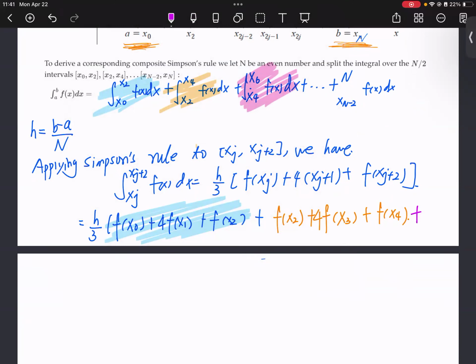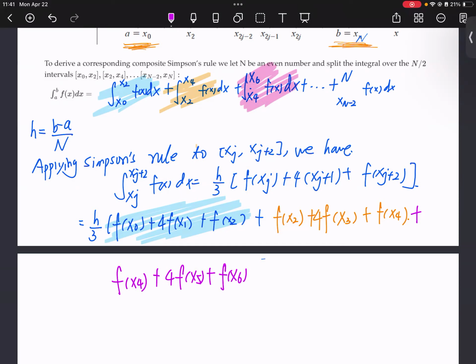It equals, for the integration between x4 and x6, we have once again the coefficients. The left endpoint x4 has coefficient 1. The middle point is the x5 of that interval, with coefficient 4. And then the right endpoint has coefficient 1.